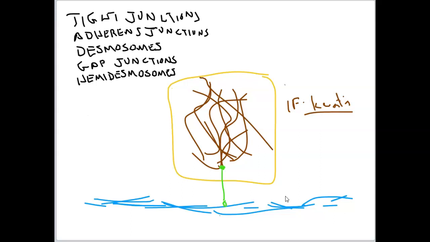I heard someone say it, integrins, and so that's what we're going to use as our transmembrane protein here. So in a hemidesmosome, we have the intermediate filament component of a cell's cytoskeleton tied directly to an integrin. That integrin is a transmembrane protein, and it is doing what integrins always do. It's interacting with the extracellular matrix.